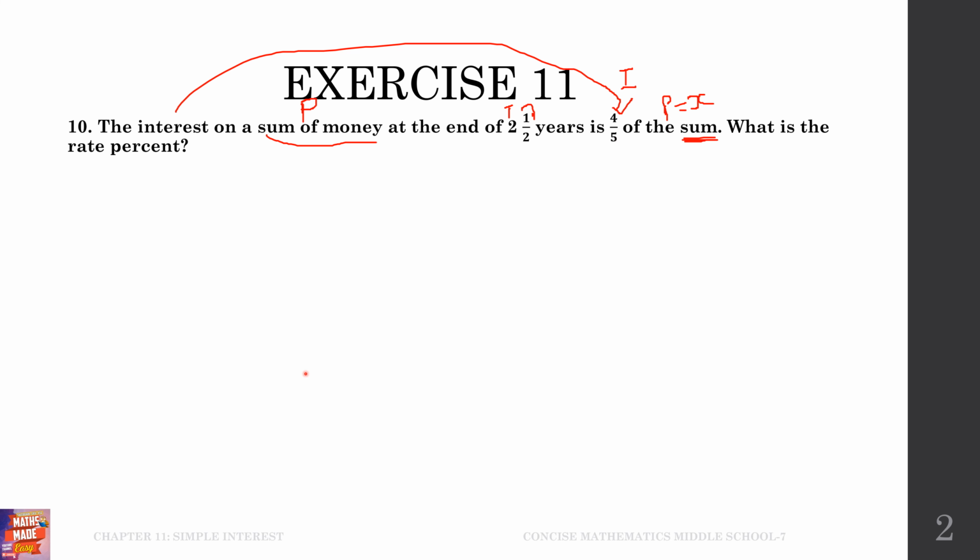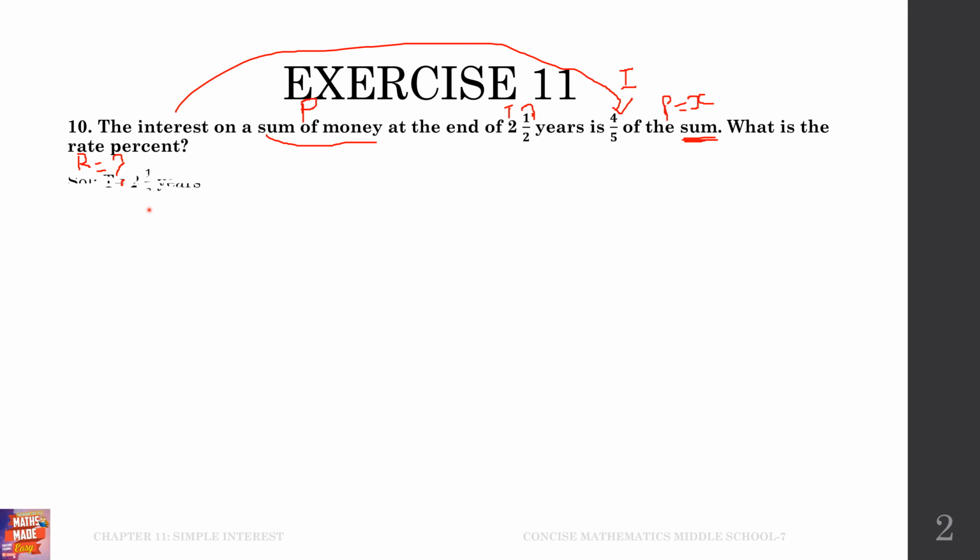And what is the rate percentage? That is the rate of interest. So our main focus should be on finding the rate of interest, and in between we need to find the values of some more numbers if needed to find this rate.